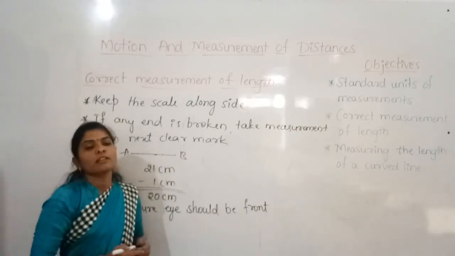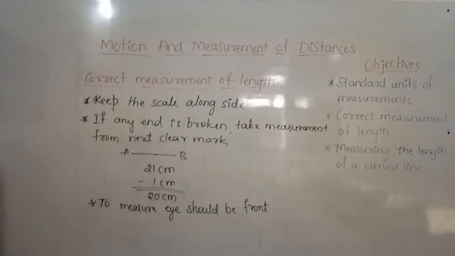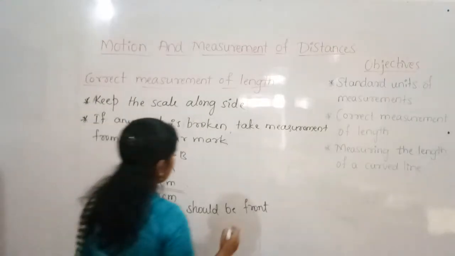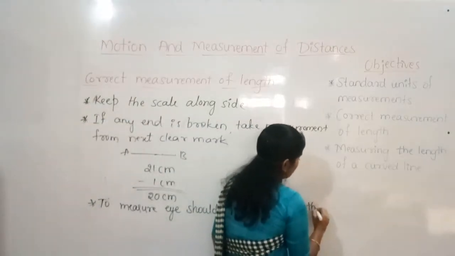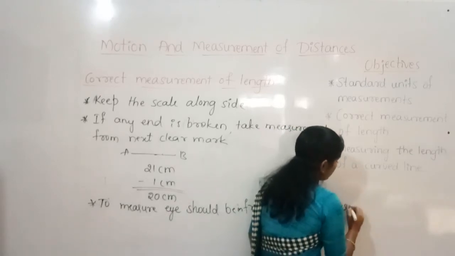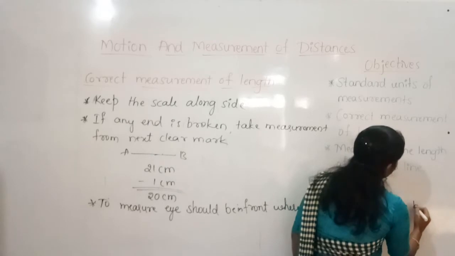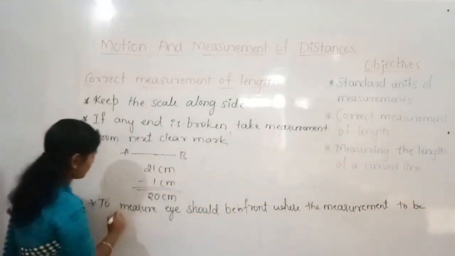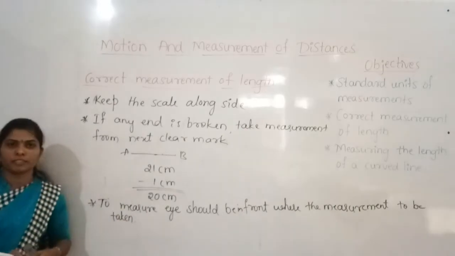So likewise we have to take the readings. It should be in front where the measurement is to be taken. So this is how we have to take the measurements.